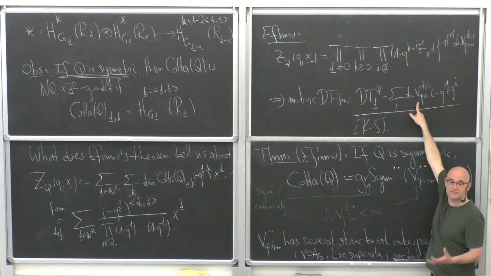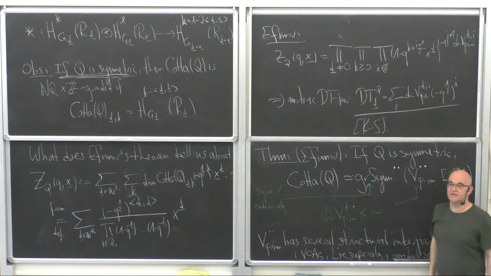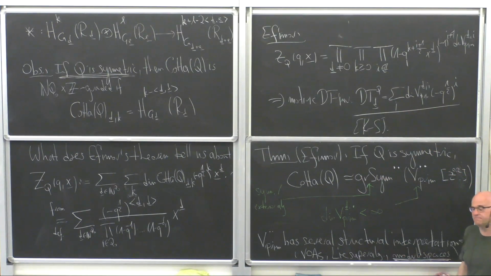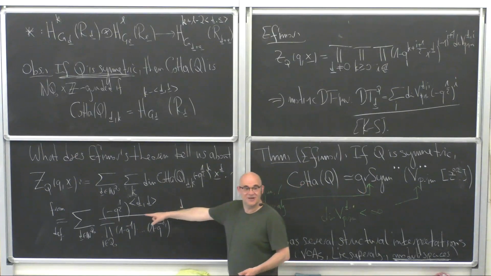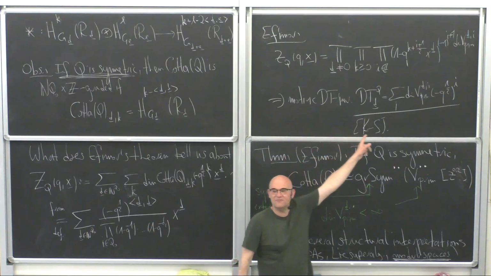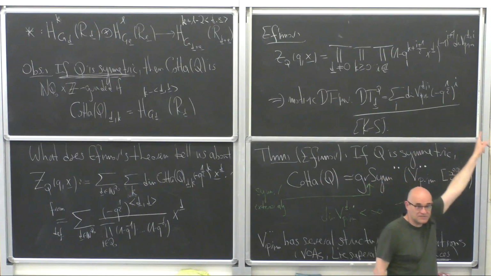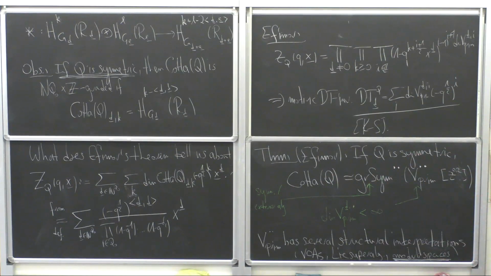The coefficients are actual dimensions of vector spaces, and that is not clear a priori. In particular, if you do all this with a non-symmetric quiver, it all fails. You might take a non-symmetric quiver, write down this series, and brute force factor it into an infinite product. And the exponents popping up are a mess. So they're definitely not non-negative.